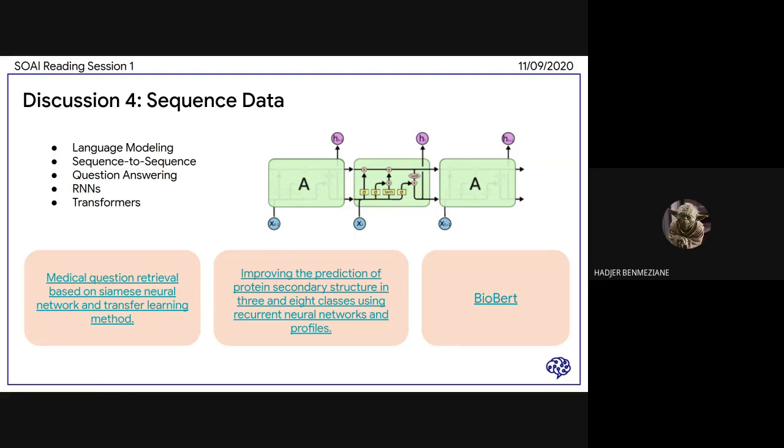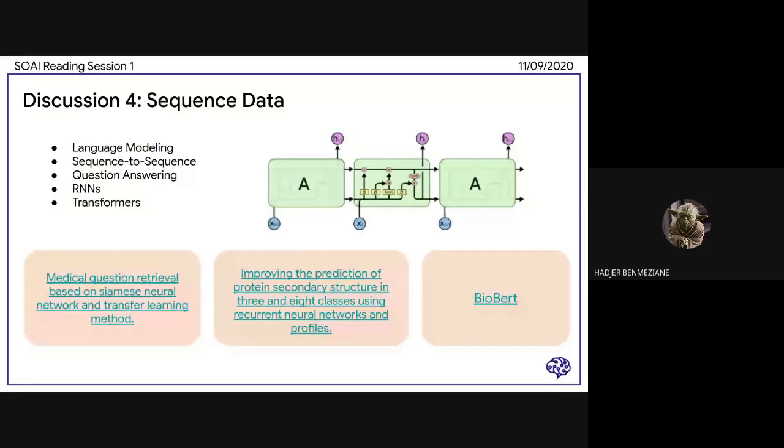Okay, so if there are no more questions, maybe you can talk about the transformers. The problem with this kind of model, the RNNs, is mostly the vanishing gradient. It means that if we have a word, and then a long paragraph, and then another word referring to the first word, the model won't detect that the second word refers to the first one.